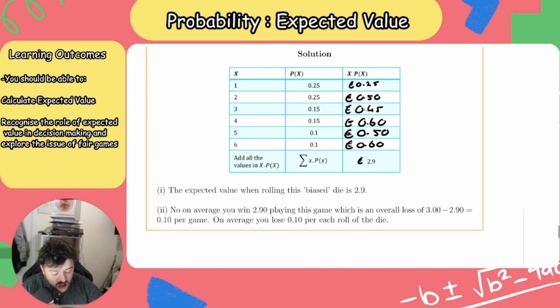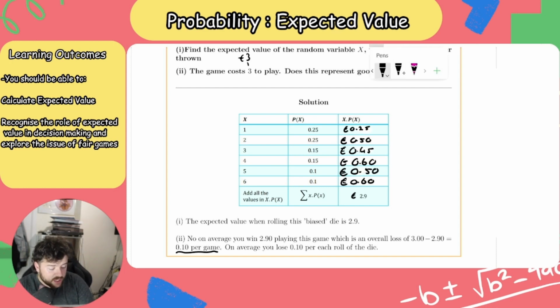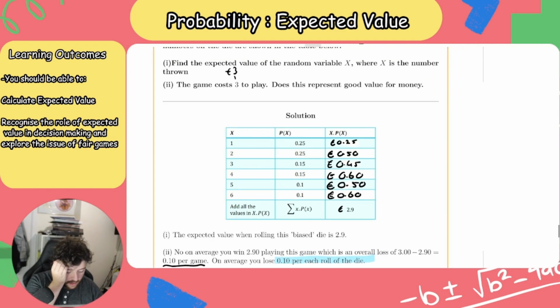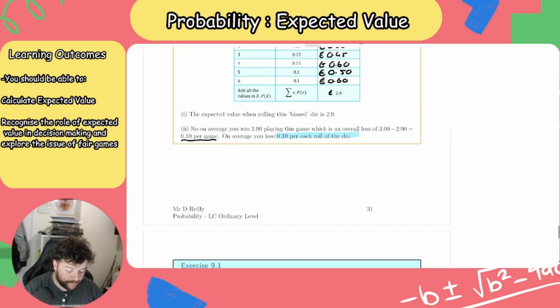No, it's not worth it, because on average you win €2.90, and you're playing the game with an overall loss of 10 cents per game, because €3 minus €2.90 is 10 cents. So on average you lose 10 cents per roll of the die. In actuality, you wouldn't be taking part in this game. So that is expected value.